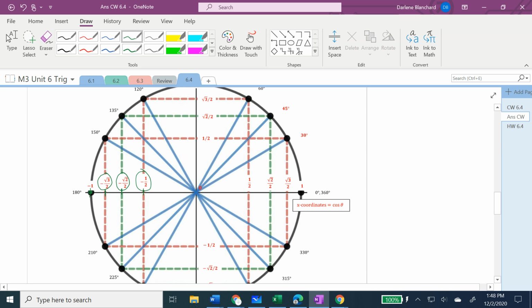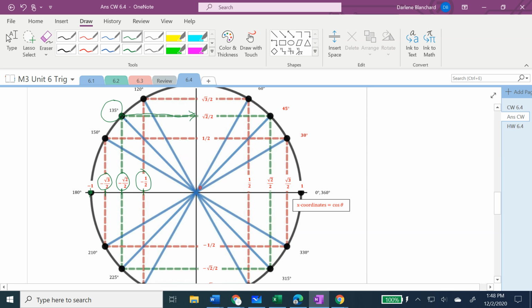So, let me get this straight. If we were to go to a point like, let's say, 135, we use square root of 2 over 2 to get our answer. The square root of 2 over 2 is the y-coordinate of that point, and that would be the sine.